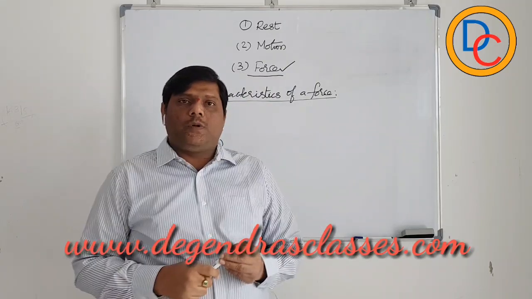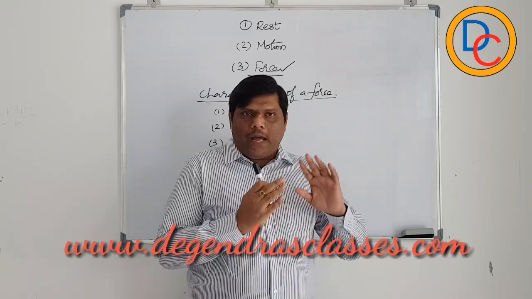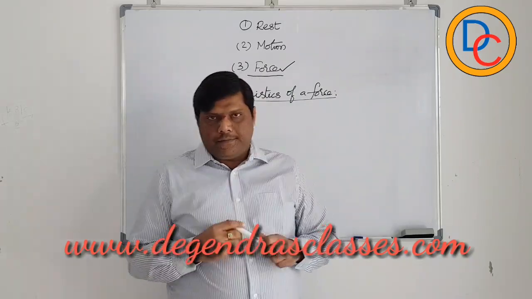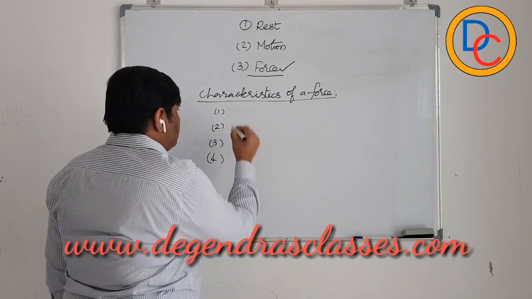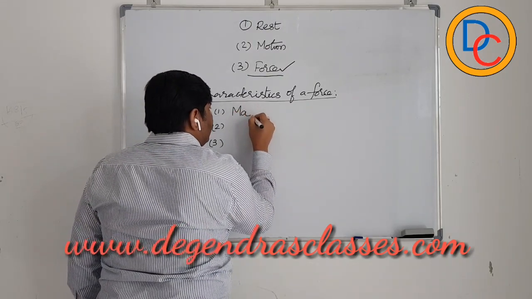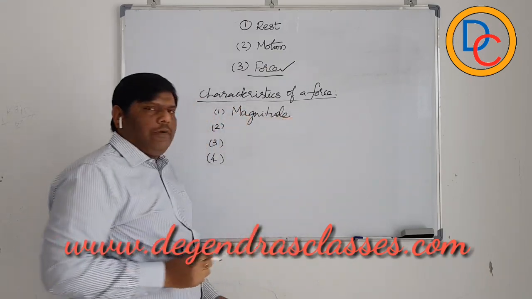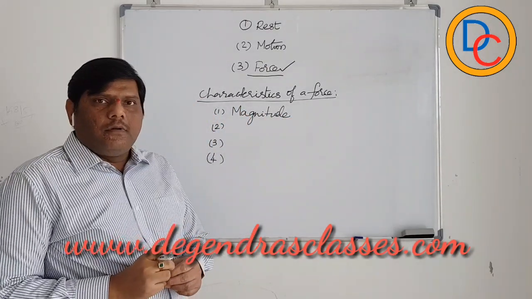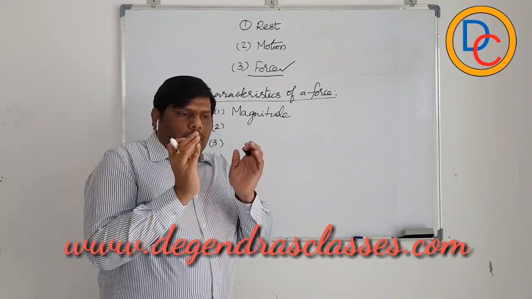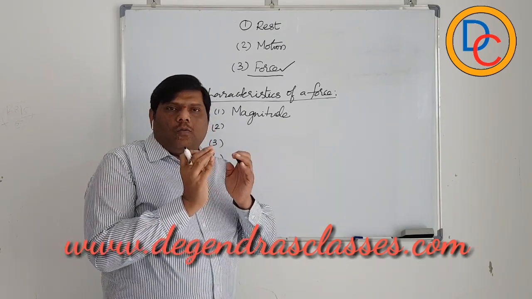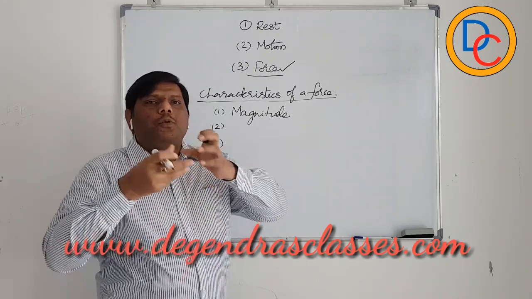What is a vector quantity? It has both magnitude and direction. So the first characteristic I can consider is magnitude. We represent magnitude with the value or quantity of that particular force, and with a unit.